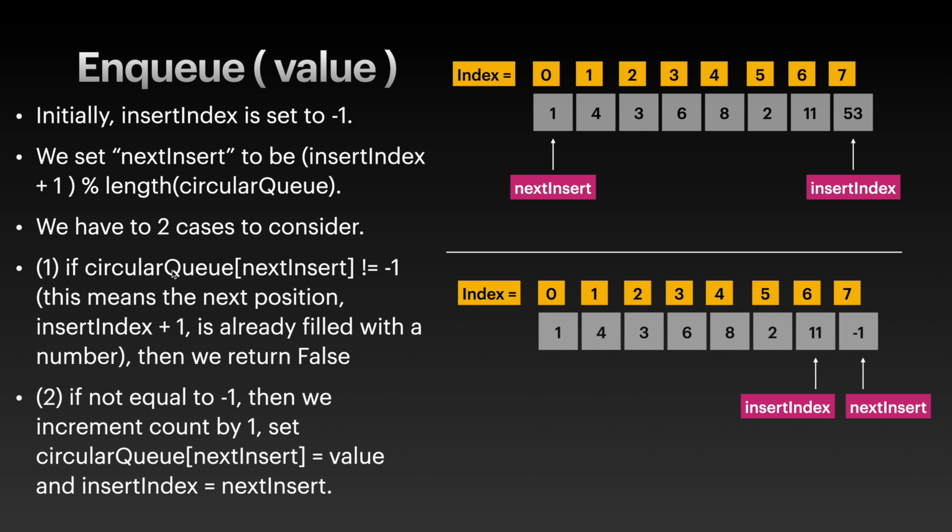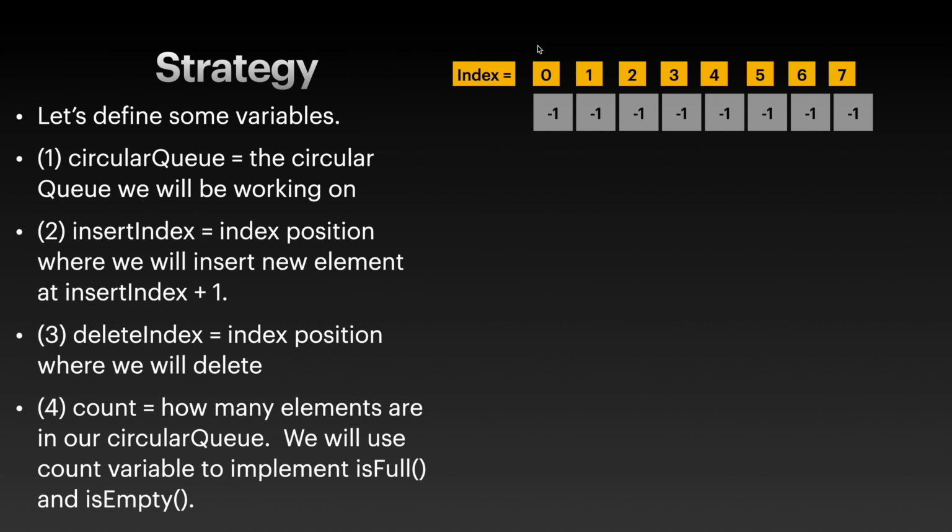So we have two cases. If circular queue at next insert is not equal to -1, then, I want to mention this one. When we initialize our circular queue, since the values are going to be from 0 to 1000, we can initialize all of the circular queue values to -1, because we don't have -1 in our value constraint.